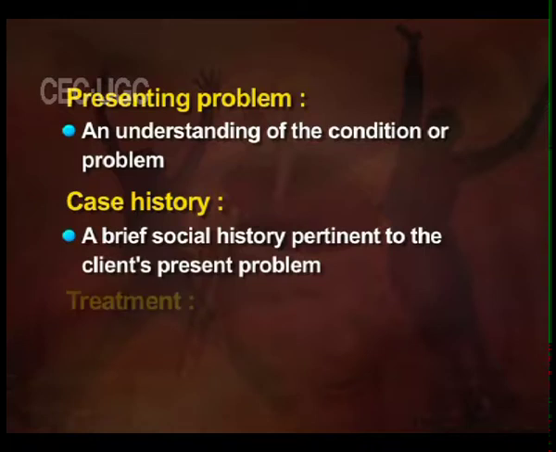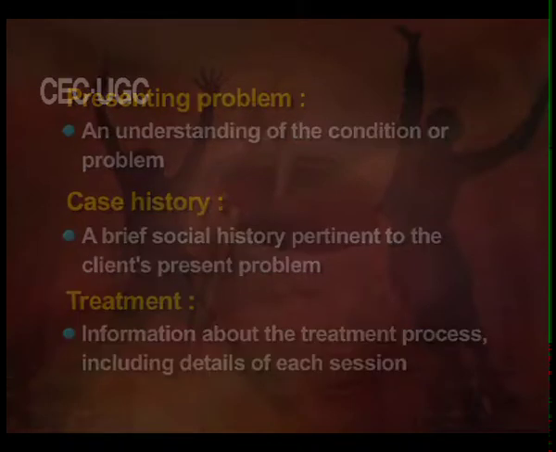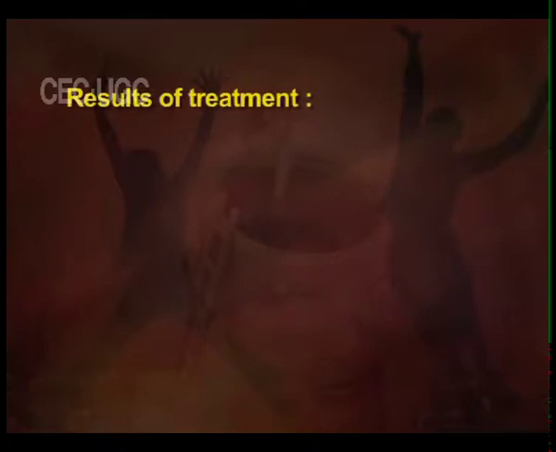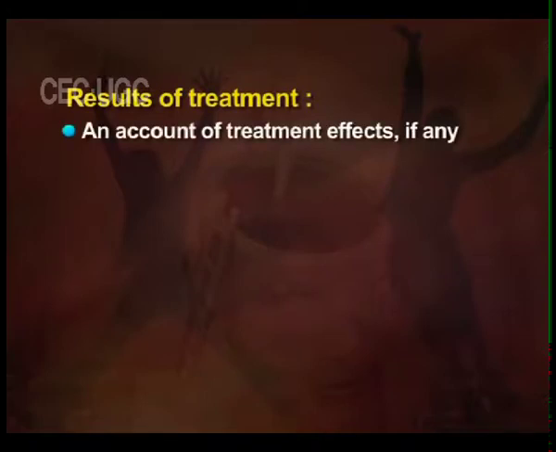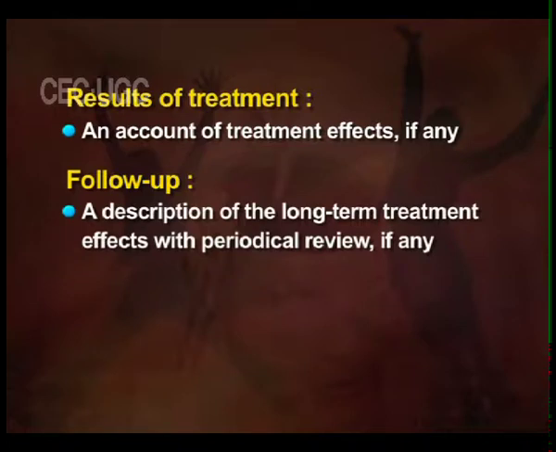Third, we have the treatment, which provides information about the treatment process, including details of each session. And then there are the results of the treatment, which provides an account of treatment effects, if any. And finally is the follow-up, which gives a description of the long-term treatment effects with periodical review, if any.